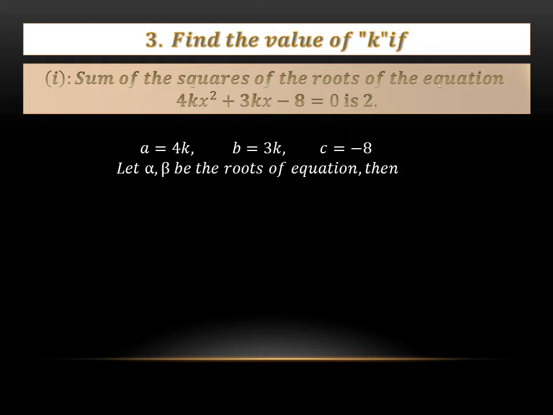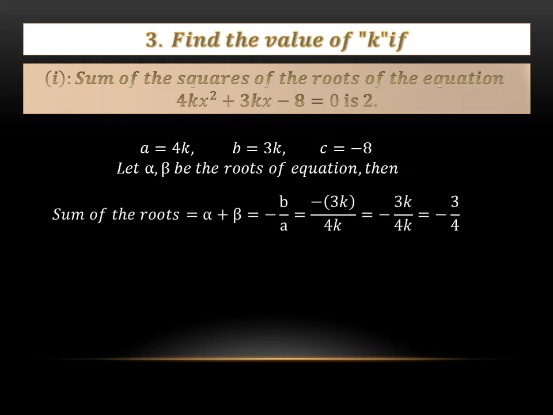Then finding the sum, it would be alpha plus beta, and the formula is minus b over a. B is 3k, so minus 3k, and a is 4k, so in the denominator we will write 4k. Opening the bracket, we will get minus 3k over 4k. K will get cancelled, so the sum of the roots will be minus 3 by 4.